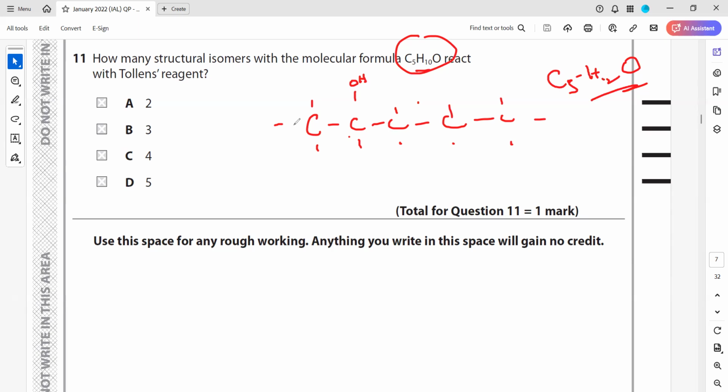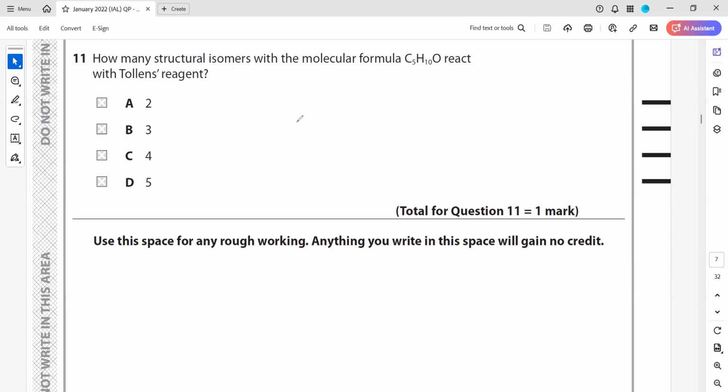Ketone cannot be. So we need 1, 2, 3, 4 and 5 carbons. This is one possibility.